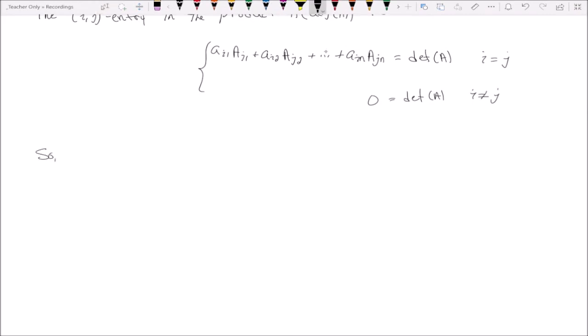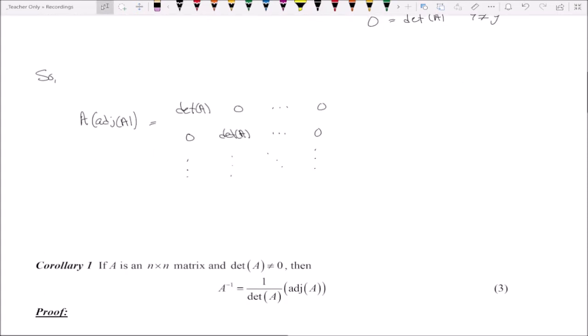So let's actually write out this matrix, A times adjoint of A. Right? It is the matrix that has the determinant of A along its main diagonal and zeros everywhere else.